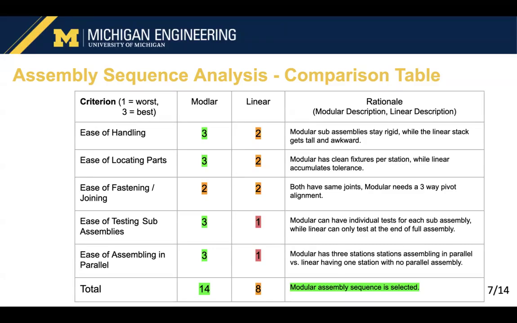Modular wins on testing because each subassembly can be verified before integration, while linear can only be tested at the very end. And modular wins on parallel assembly. Three stations versus one is a decisive edge for production speed at 200 million units per year. Based on the final score, we selected modular for the bill of materials and DFA work that follows.